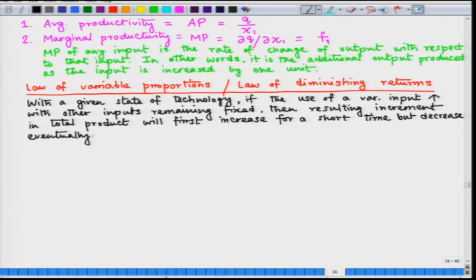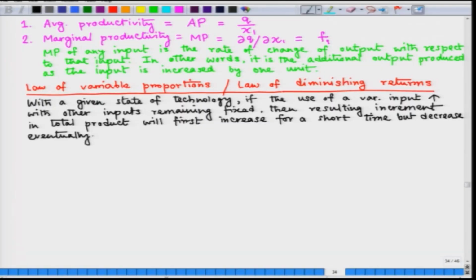So, this law can be best understood through diagram. So, let us have a look at the diagrammatic representation of this law. So, we are going to have two panels of diagram. Along the horizontal axis I measure my variable input x1 and I measure output along the vertical axis, and this is my panel A diagram, where I am going to plot the total product curve.